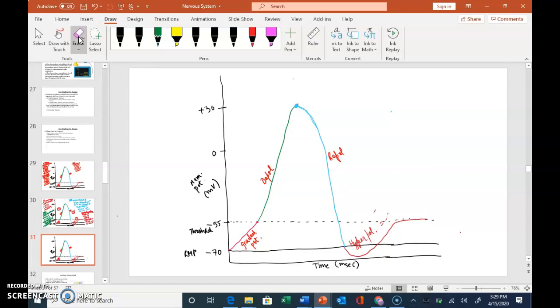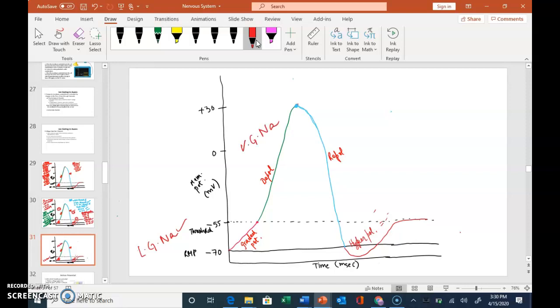From resting membrane potential to threshold, the main channel that's working is ligand-gated sodium channels. Those are the ones that are working mostly. During depolarization, the main channels that are open are voltage-gated sodium channels.